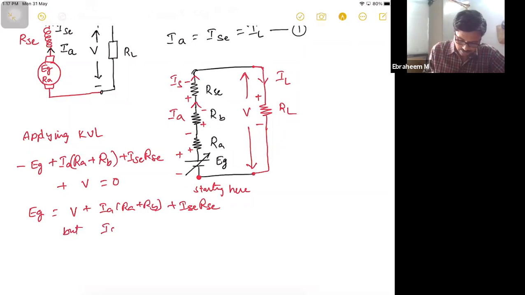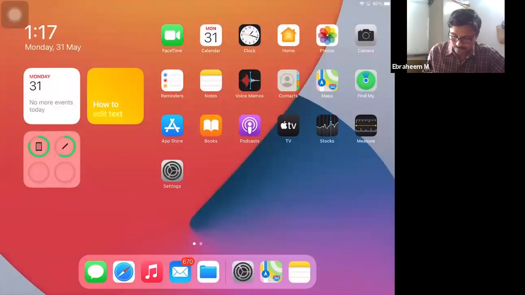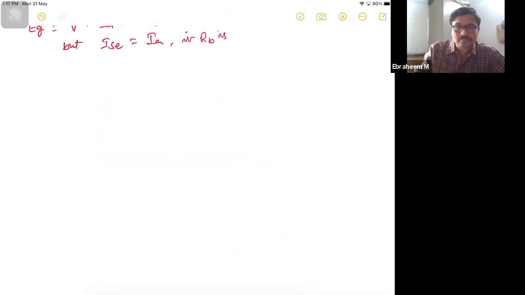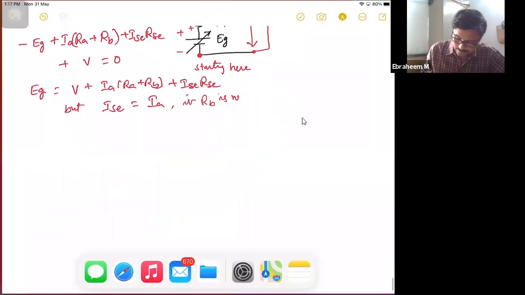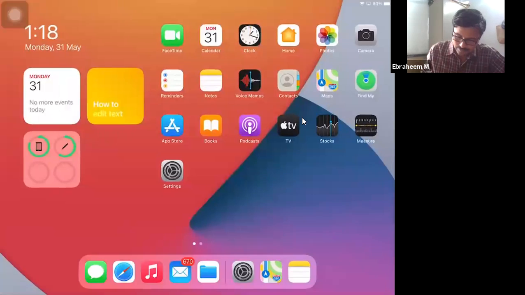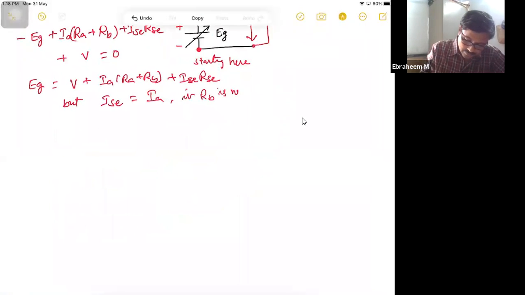But ISC is equal to IA, and if RB is neglected, then we will have EG is equal to V plus IA into RA plus RSC.